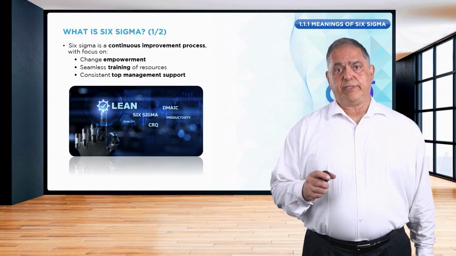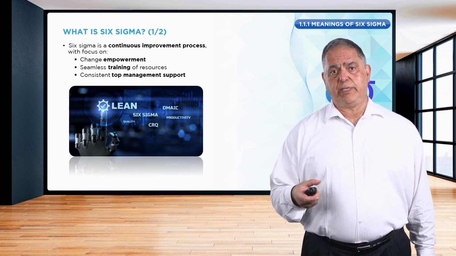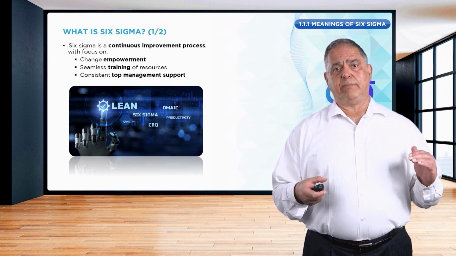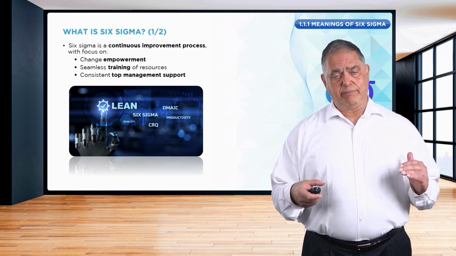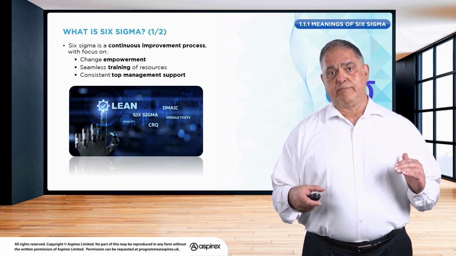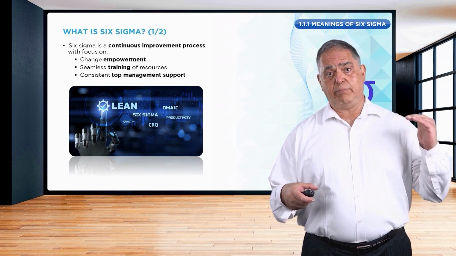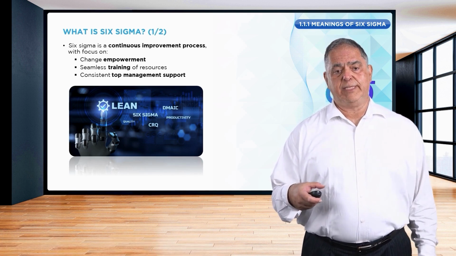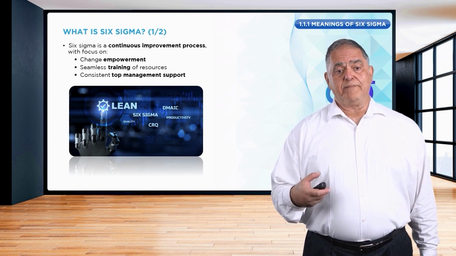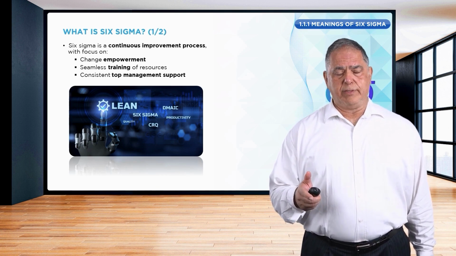Training of resources. Training is also very important, and we're going to learn about the skill classification system, which is known as the Six Sigma belts, like white belts, yellow belts, green belts, black belts, and master black belts. And finally, top management support.